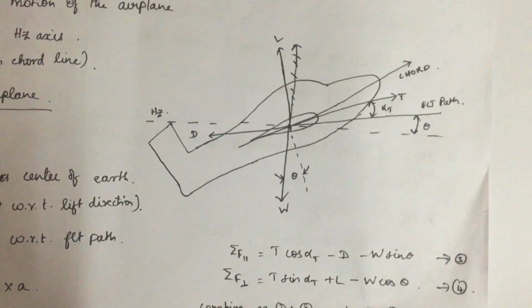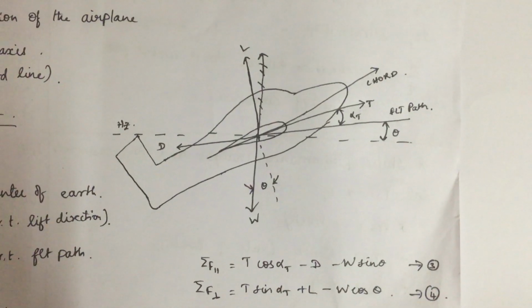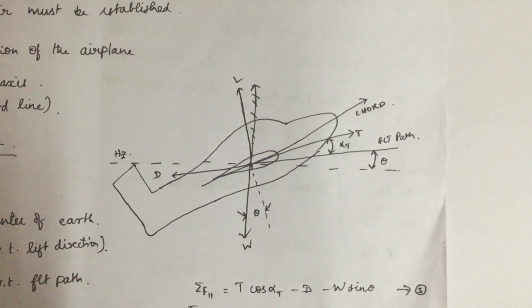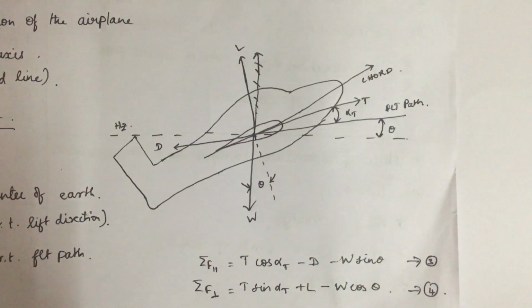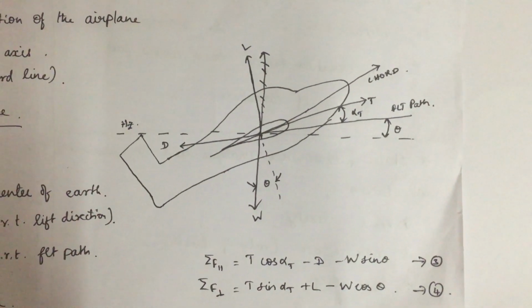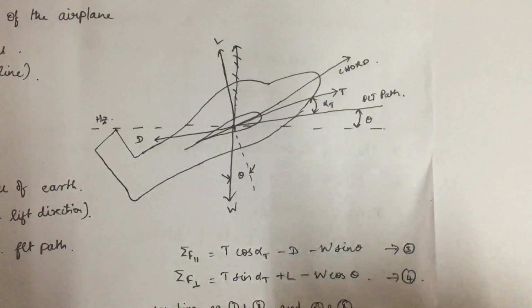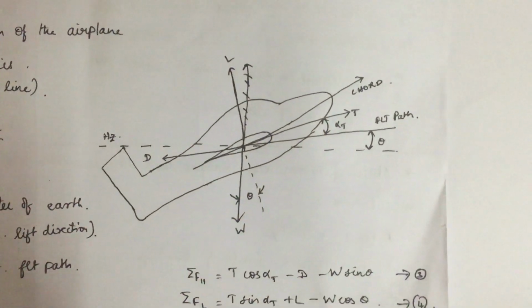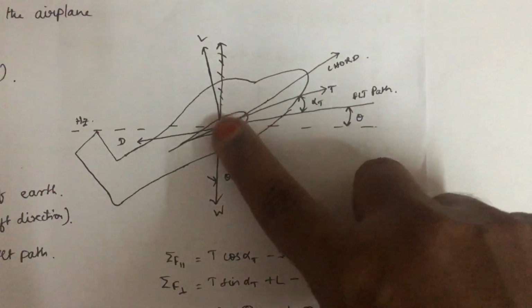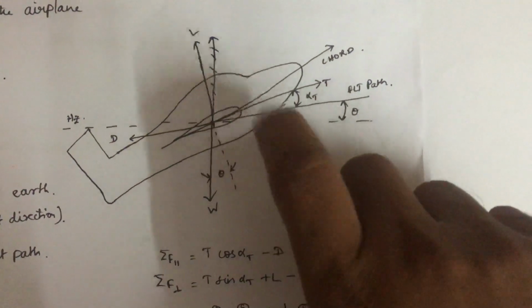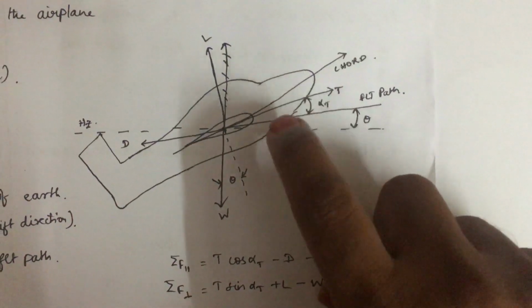Okay, so in my second case I must consider only the perpendicular forces. Now my equation becomes T sin alpha T, because here the equation is with respect to the perpendicular forces, so cos becomes sin.